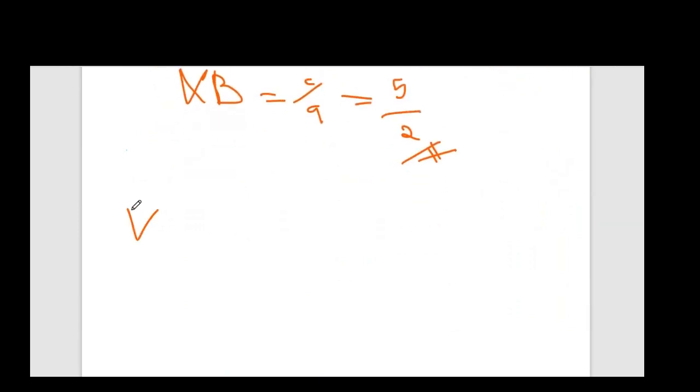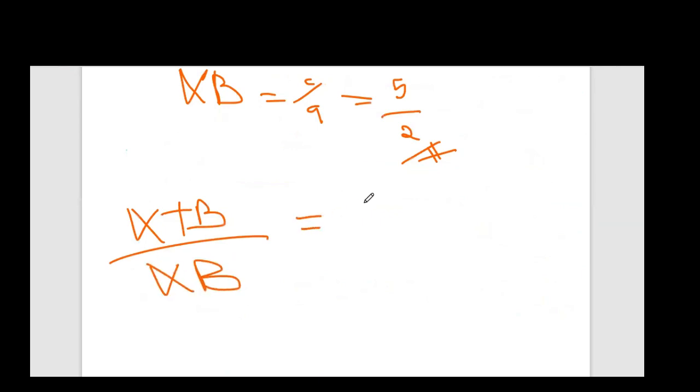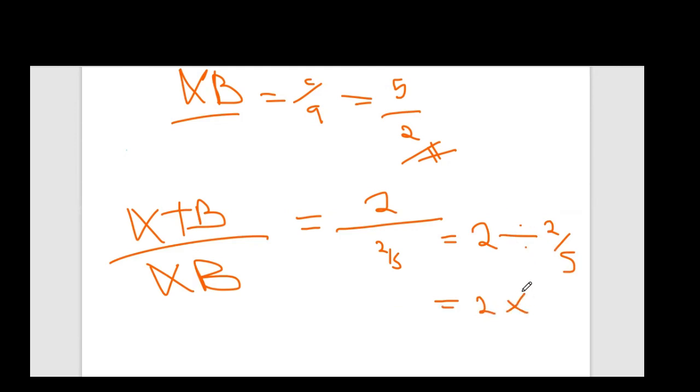Then over alpha beta there, on top I'm putting my 2, divided by this product here, which is 5 over 2. I wrote it in a way that is easy, like 2 divided by 5 over 2. We know that division tends to multiplication, and then we put the inverse of that.